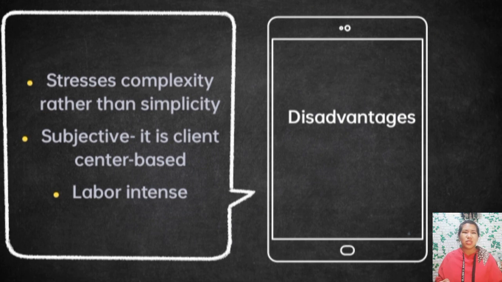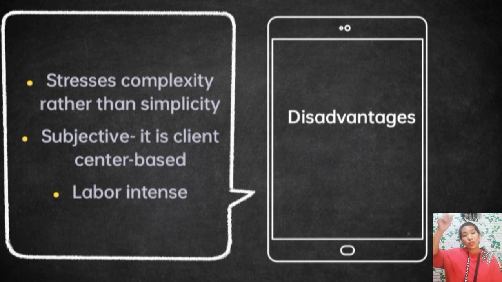Another, it's not suitable for making generalization or for developing theories. So it is only for the selected stakeholders or clients, and the results are subjective. That is why it can't be generalized.